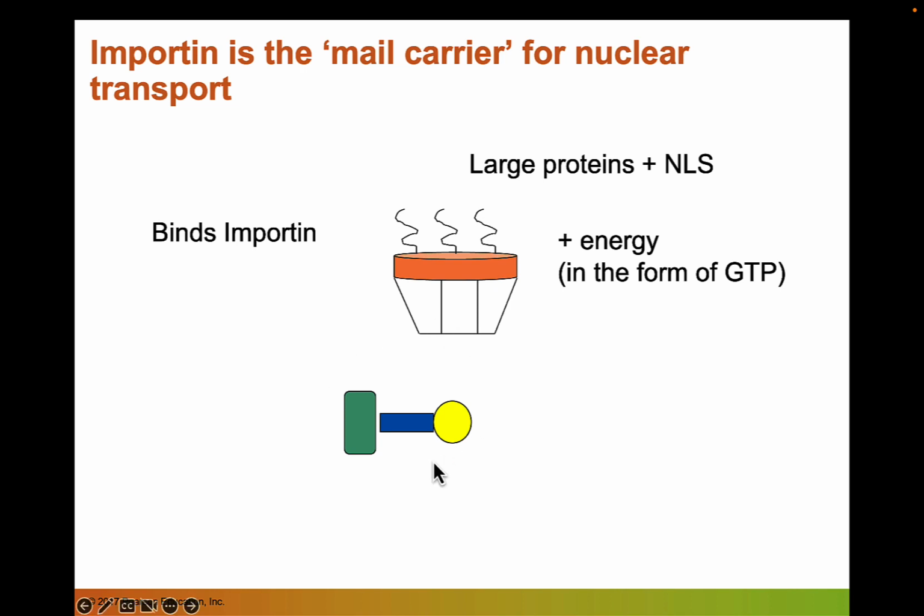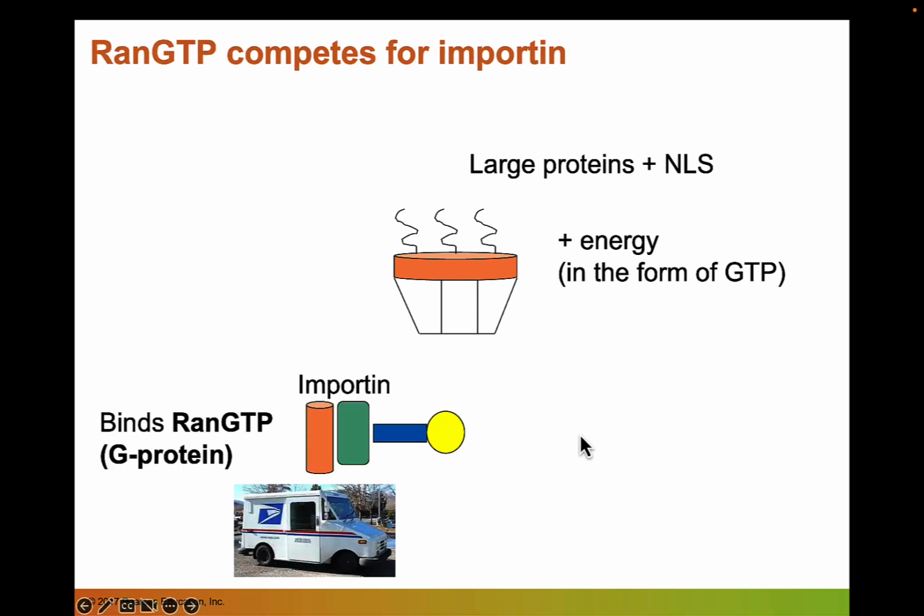Okay, so now we've brought our large protein with the NLS into the nucleus, but it's still bound to importin. So it can't do what it needs to do. It's stuck on another protein, and this importin needs to be released and recycled back out of the nucleus. So this is where RAN-GTP comes along.